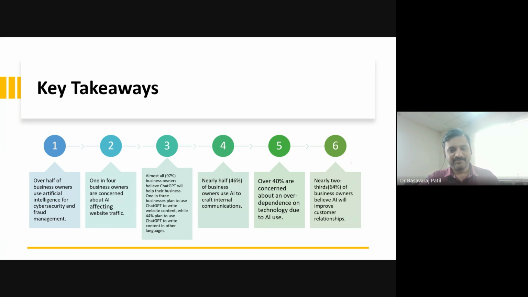And 90%, 97% of the users believe that ChatGPT will help, but it is not 100%. Only a few percent of the data or applications are used with ChatGPT, and 40% of users are concerned about the dependency on data, because AI is using the technology.